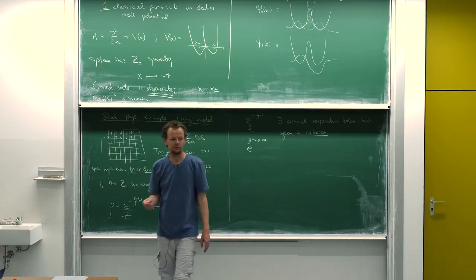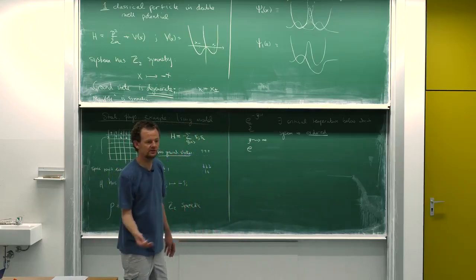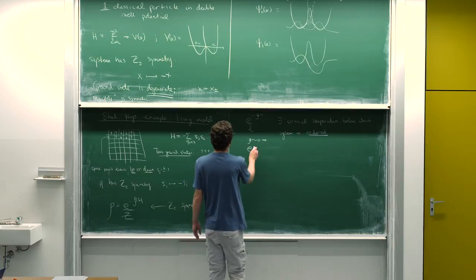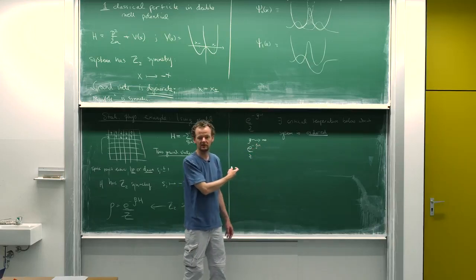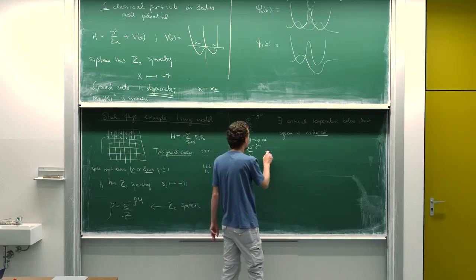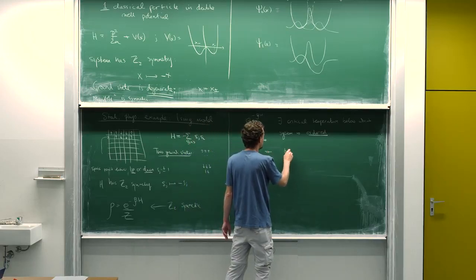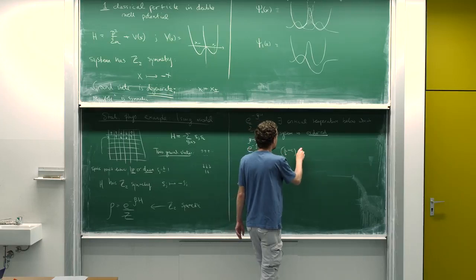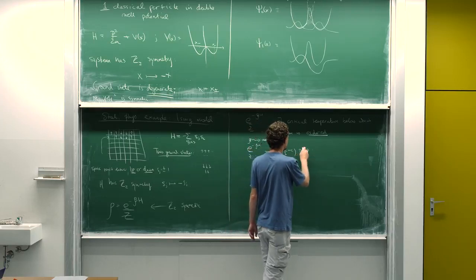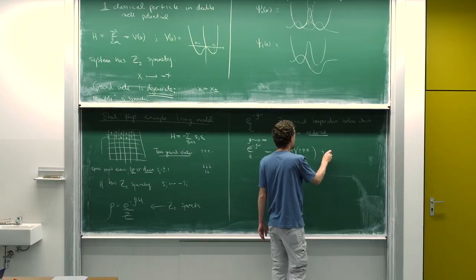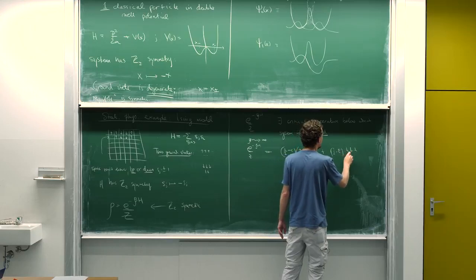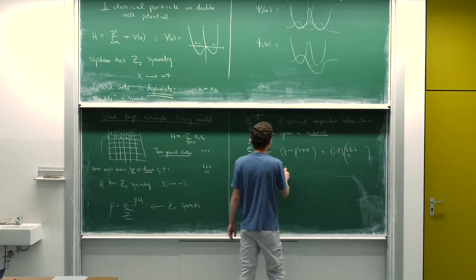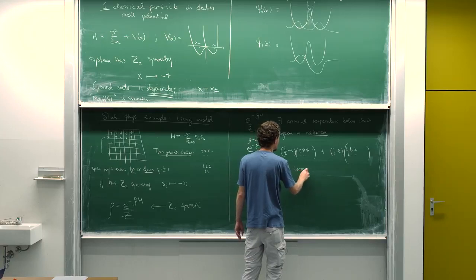As beta tends to infinity, as you go to zero temperature, the system will become ordered. And what does that mean? That means that this statistical ensemble of all the states of the system will start to look like, with probability 1/2 minus epsilon, the all up state, and with probability 1/2 minus epsilon, the all down state, plus some small corrections.